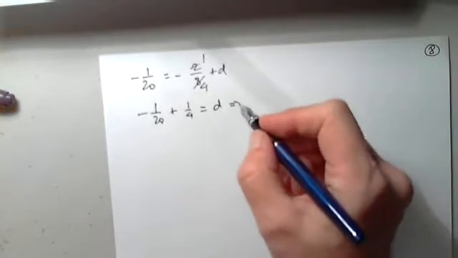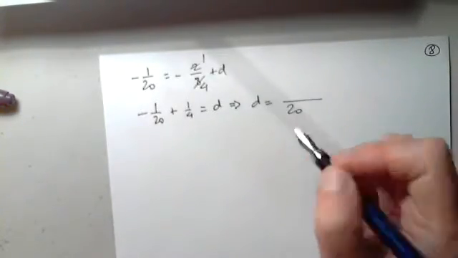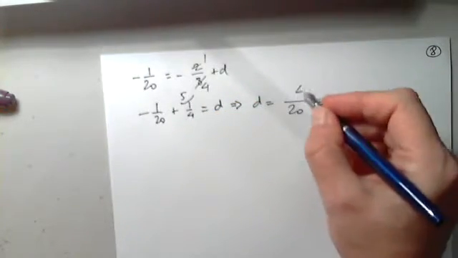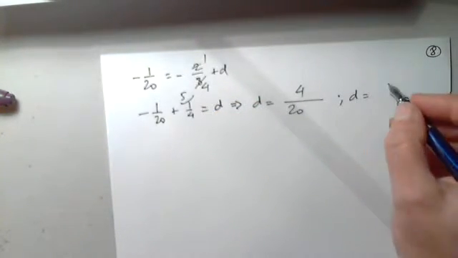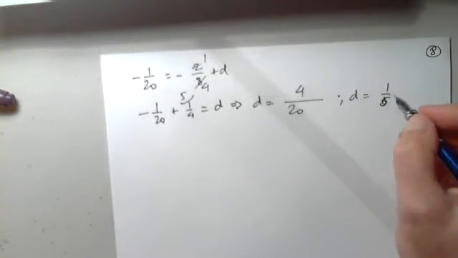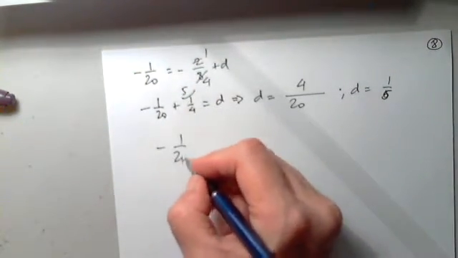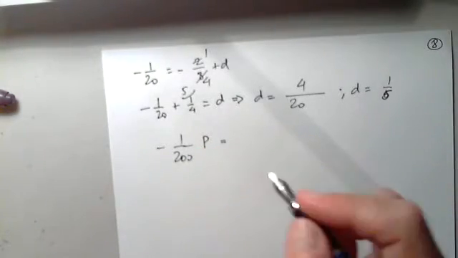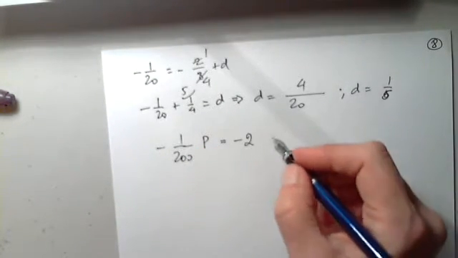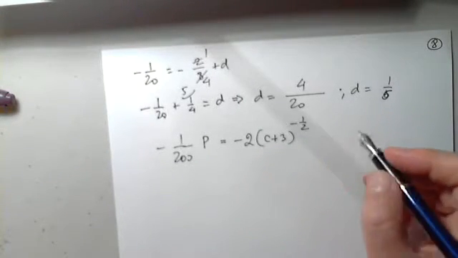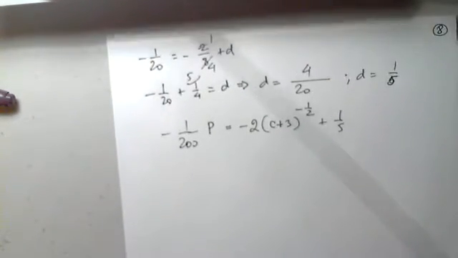So negative 1 over 20 plus 1 over 4 equals D. The least common denominator is indeed 20, so this needs a 5. 5 minus 1 will be 4, 4 over 20. So D equals 1/5. Going back, negative 1 over 200 P equals negative 2 times (C plus 3) to negative 1 half plus 1/5.